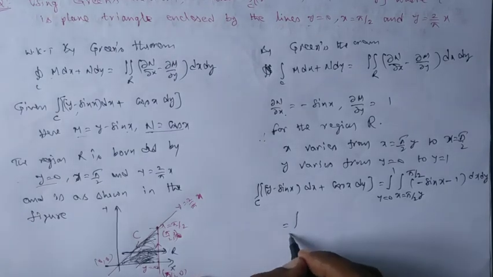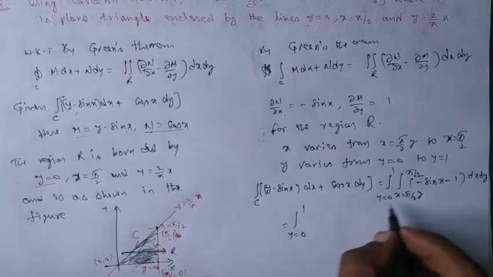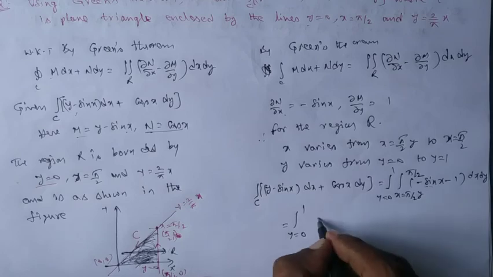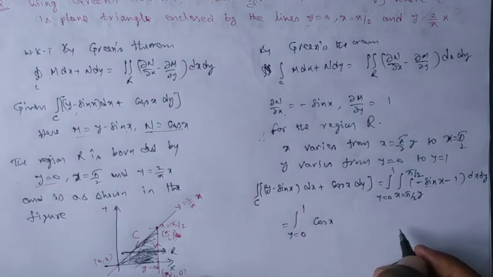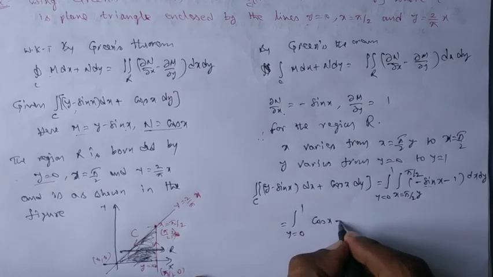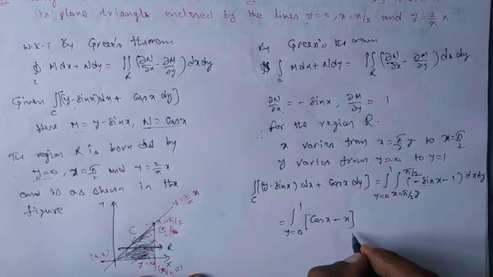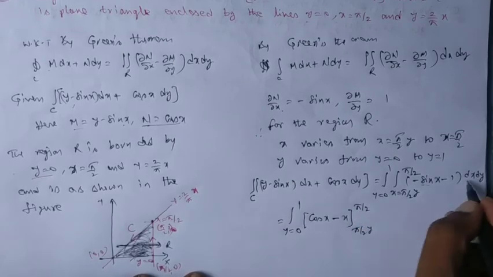This is y equal to 0 to 1, and the integration of minus sin x is cos x, and for 1 with respect to x it is x, over the limits pi by 2y to pi by 2, into dy.